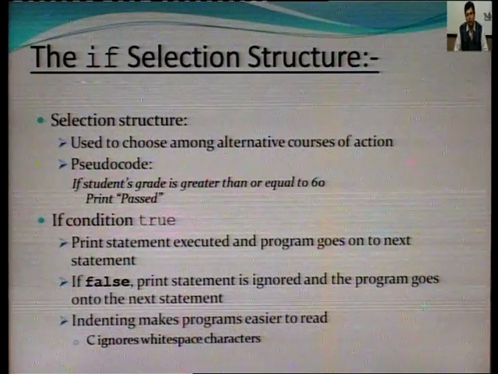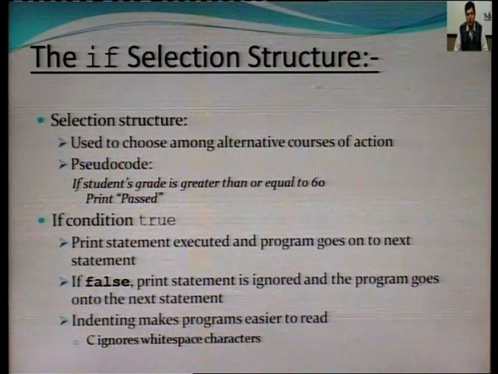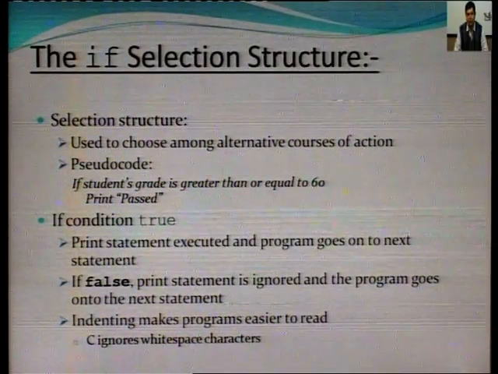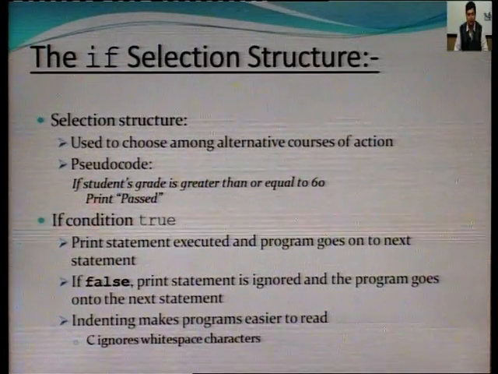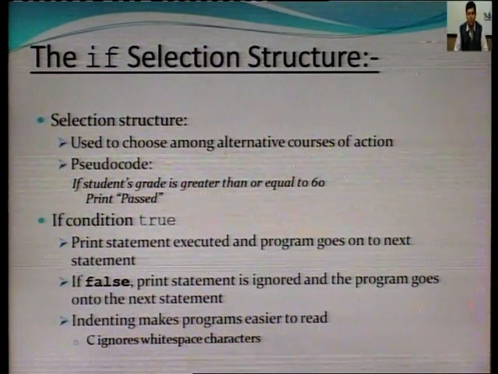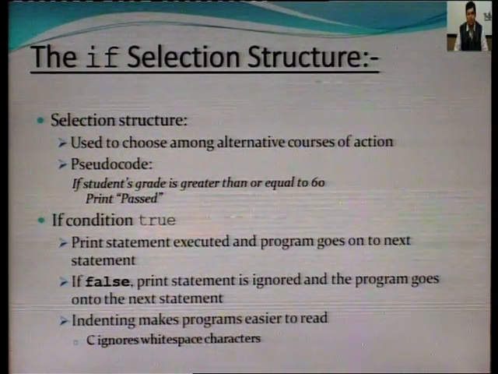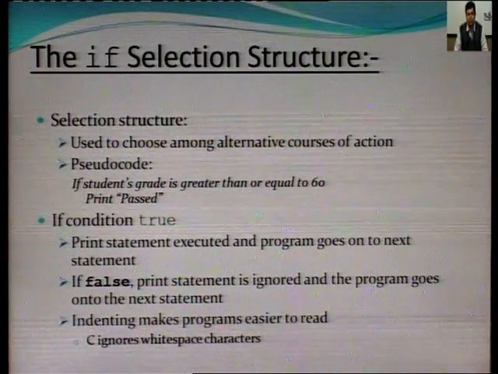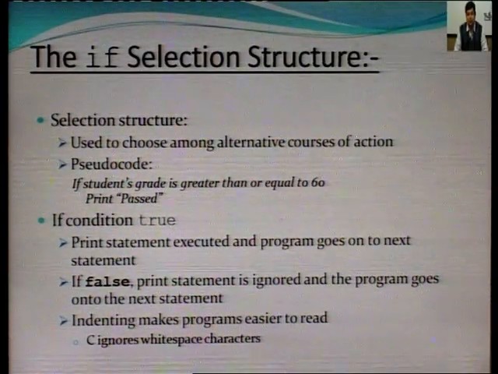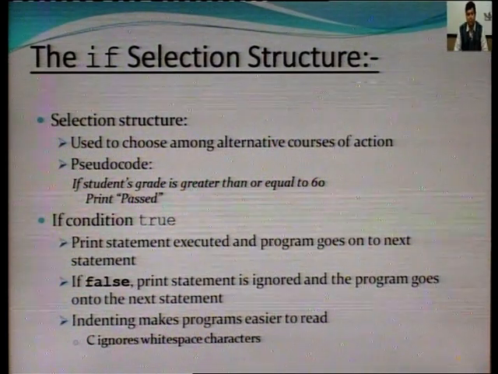Now look at the if selection structure. It is used to choose among alternative courses of action. For example, in the pseudocode: if student's grade is greater than or equal to 60, then print passed. The condition is that the student's grade should be greater than or equal to 60, and if the condition is true, then we instruct the computer to print passed.